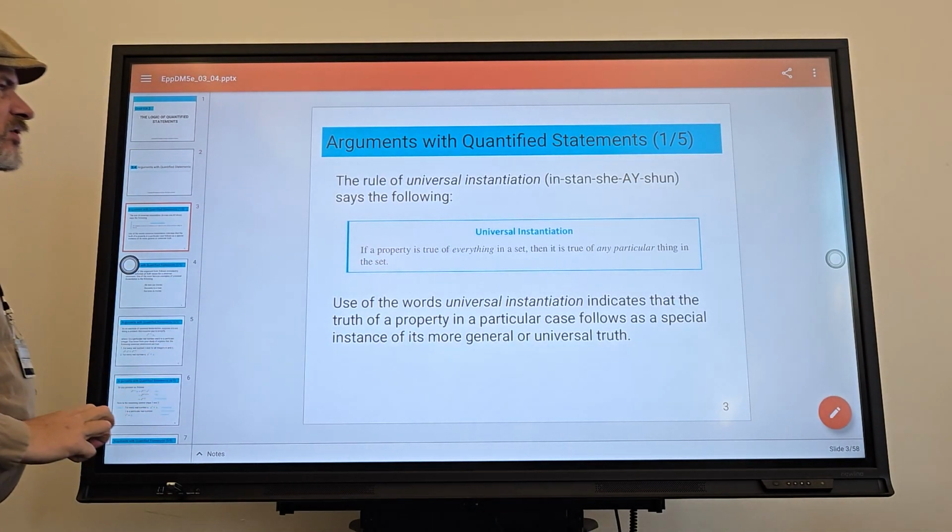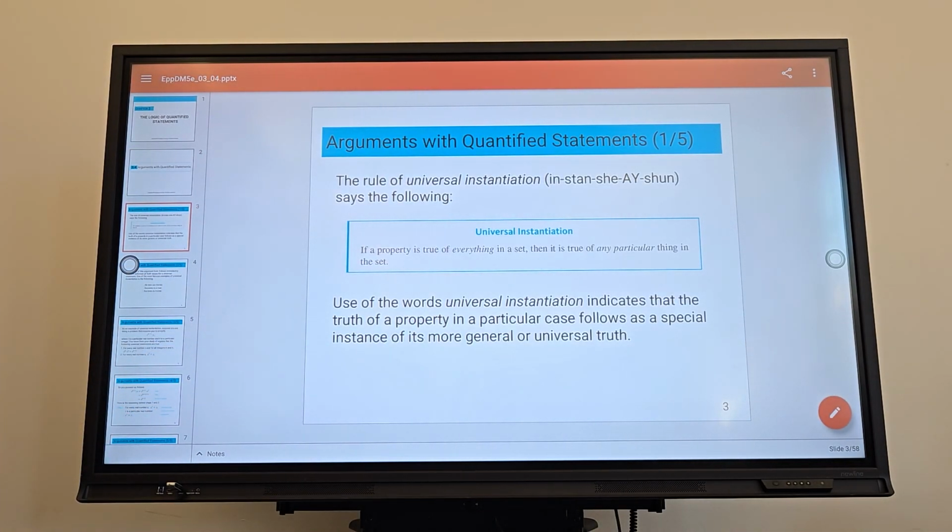So the rule of universal instantiation says the following. If a property is true of everything in a set, then it is true for any particular thing in that set. Basically, if it's true for the whole set, then for any element in the set, the property is also true.